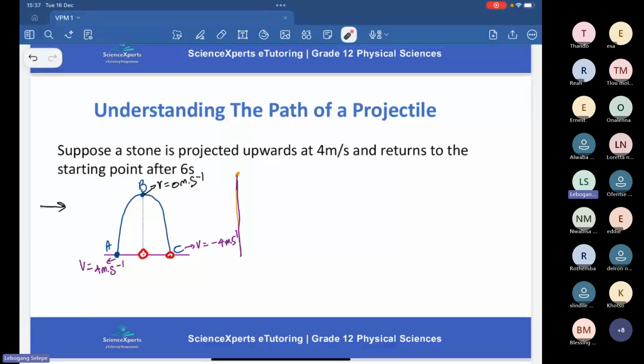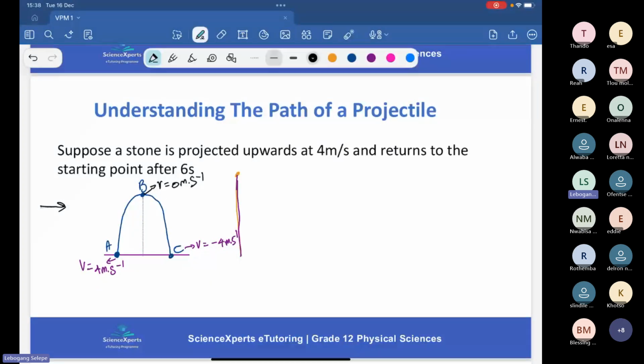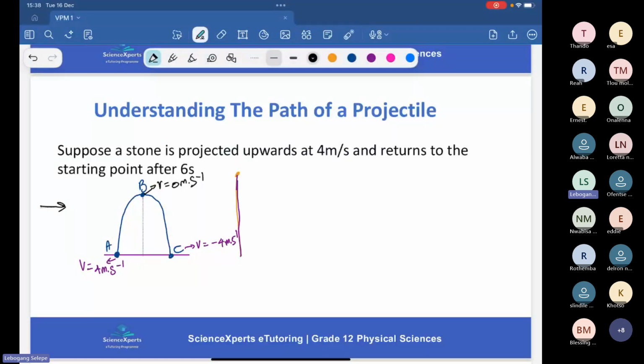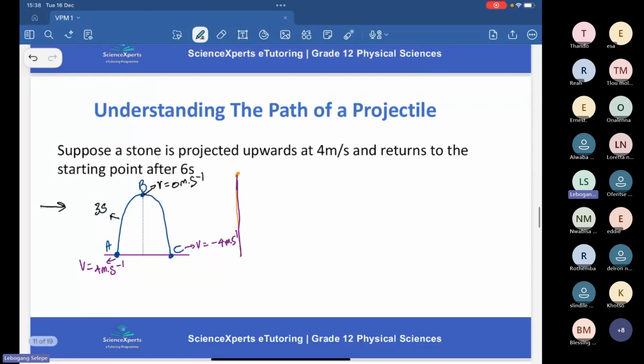If it takes 3 seconds, they said that this entire path took the object 6 seconds. So it means that it took the object 3 seconds to move from A to B. It also took the object another 3 seconds to move from B to C, right? Do you all agree, guys? Yes, sir.